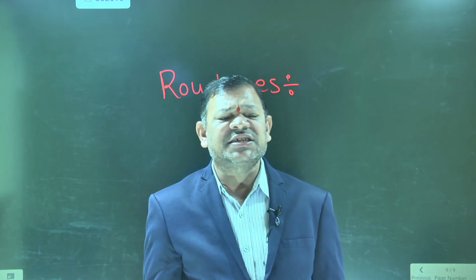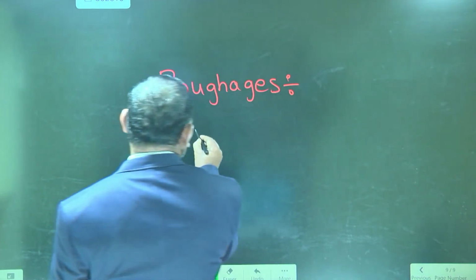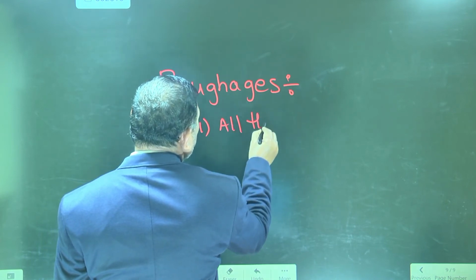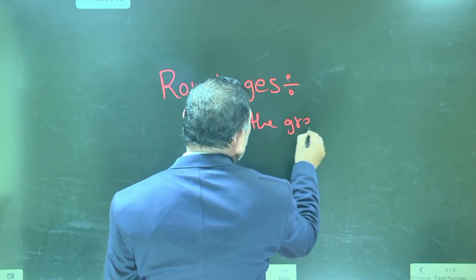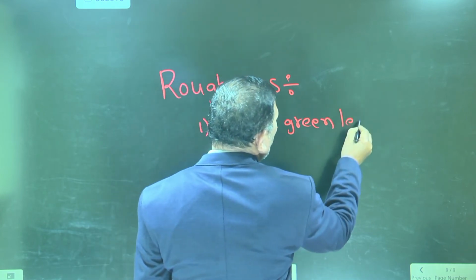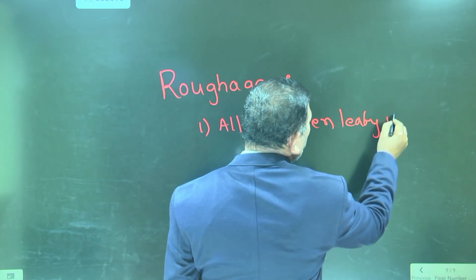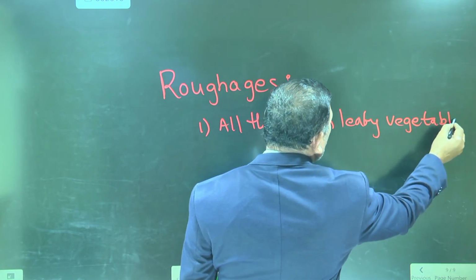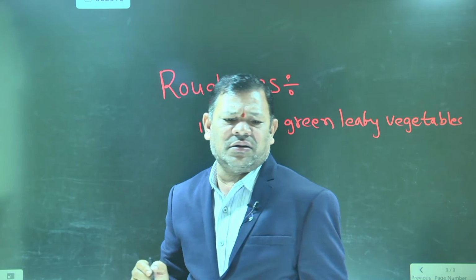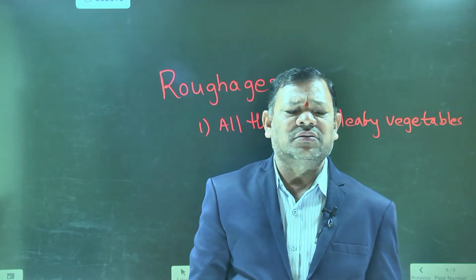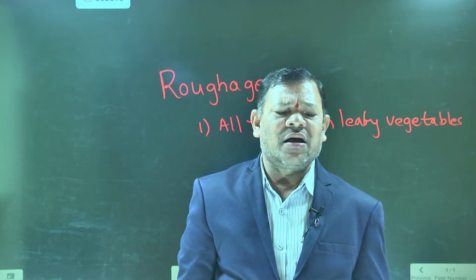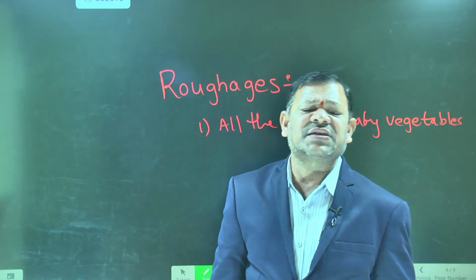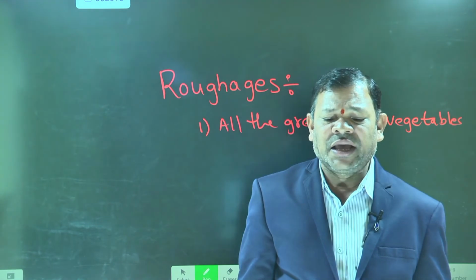What is the source of roughages, where are they present? Roughages are present especially in all green leafy vegetables. Next, as you know very well, bitter gourd, bottle gourd, snake gourd, especially the major component is roughage.